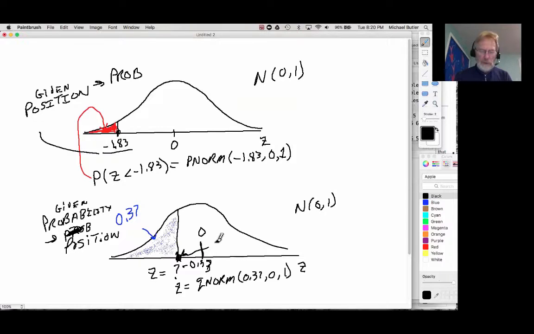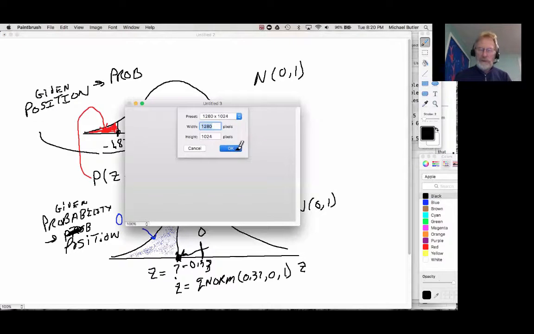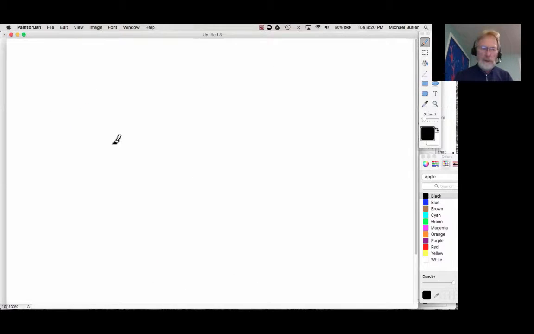Okay. All right. So I'm going to give you a 30-second tour of how you would try to do this by hand if you were trying to do these calculations by hand. If you had a normal distribution, this bell-shaped curve is given by a mathematical function.